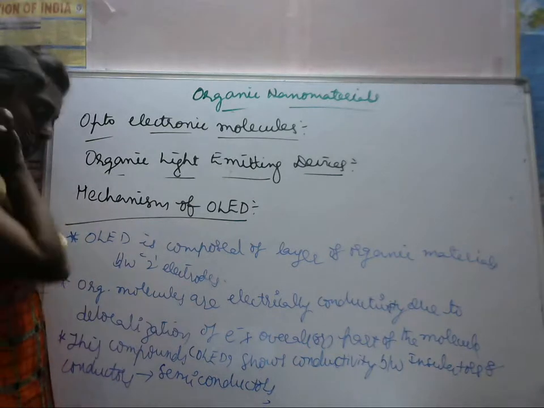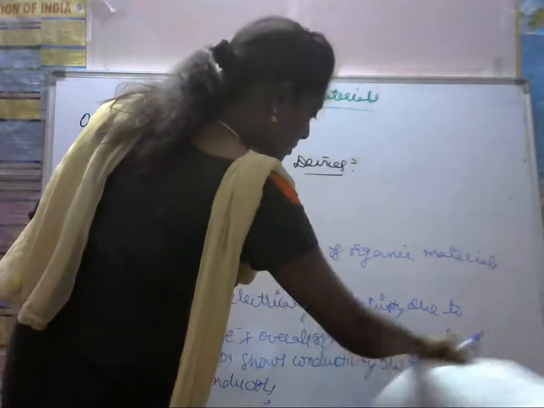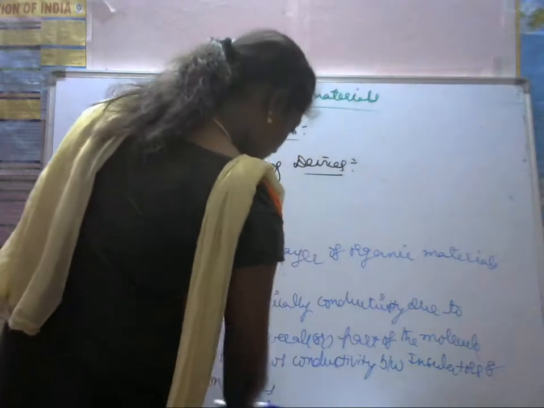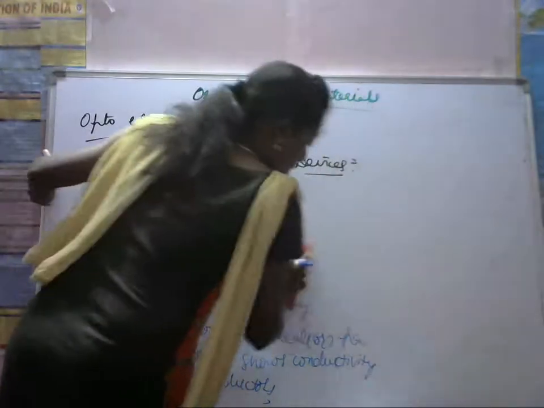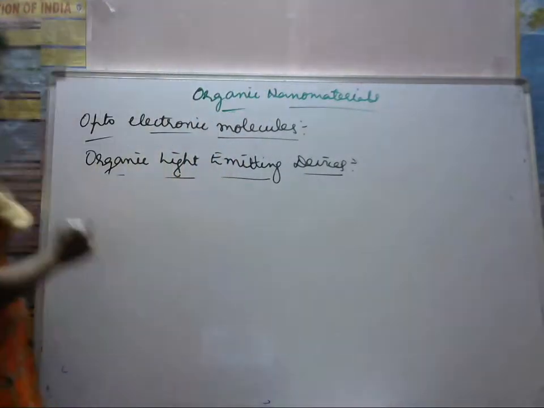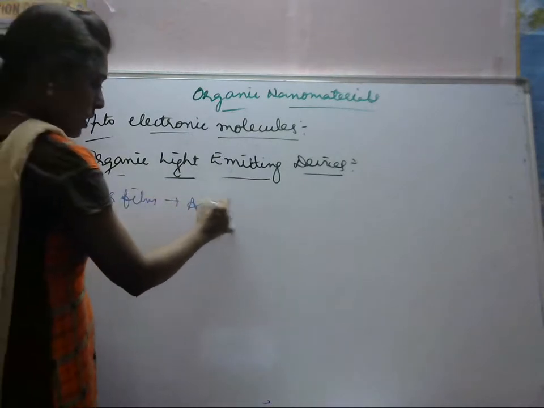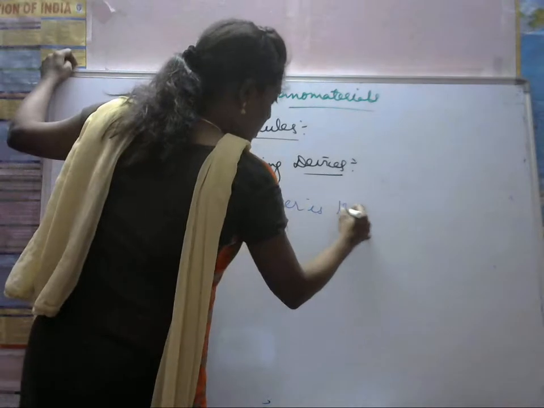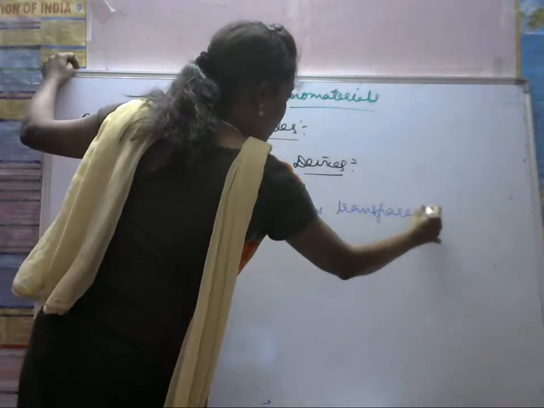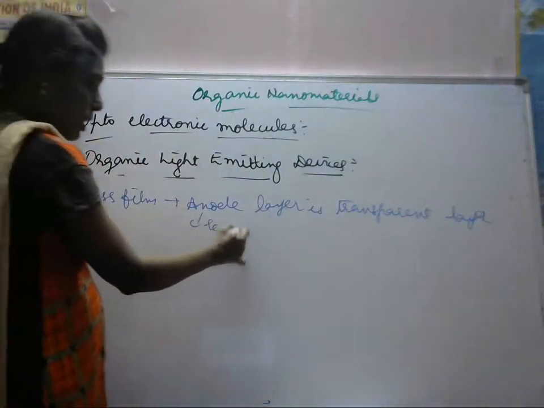Stacked layers support OLEDs. Let's see another one, the mechanism. Here there is a glass film. The anode layer is a transparent layer, so it removes electrons.